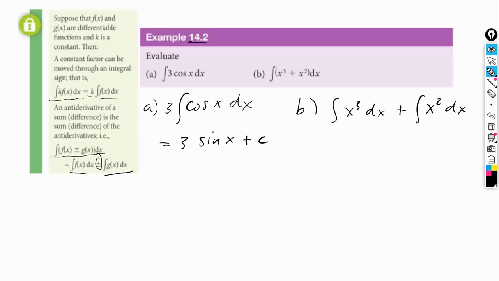And then here we do the antiderivative. As you recall, it was just adding 1 to the exponent. So this is going to be x to the 4 over 4. And don't write plus c until the end, because if you have a constant here and a constant there, then you're just going to have the sum of those constants, which is also a constant. And this plus, in this case, x cubed over 3, and then plus c.